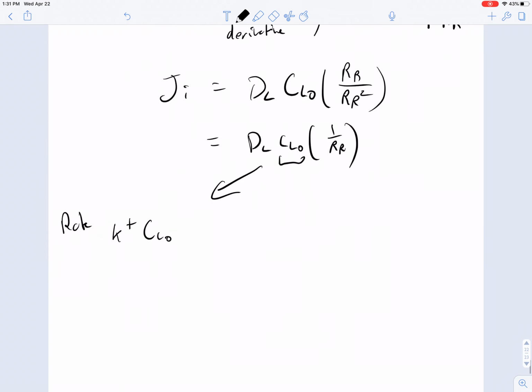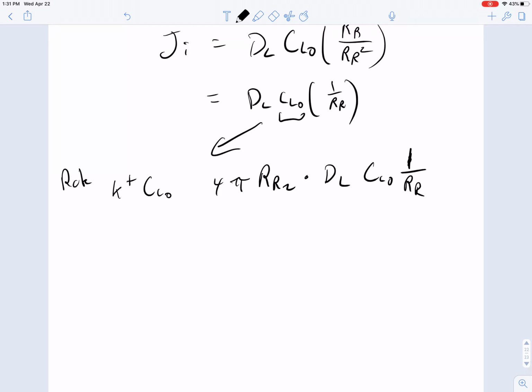So this becomes 4 pi R_R squared times DL CL0 times 1 over R_R, or the k plus is then equal to 4 pi times the radius of your receptor times the diffusion of your ligand.